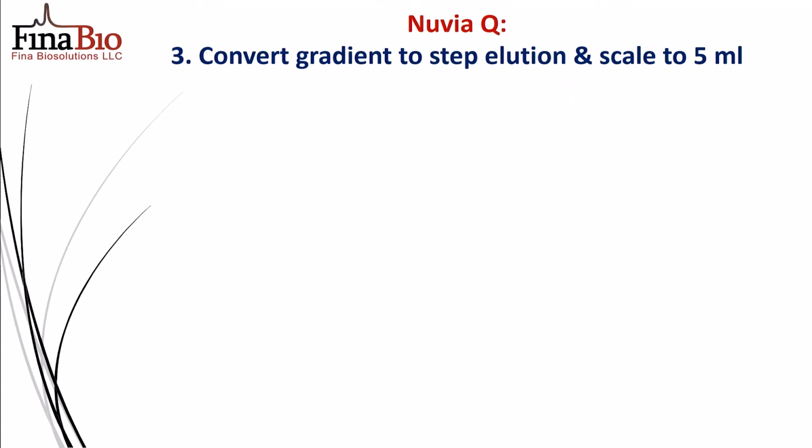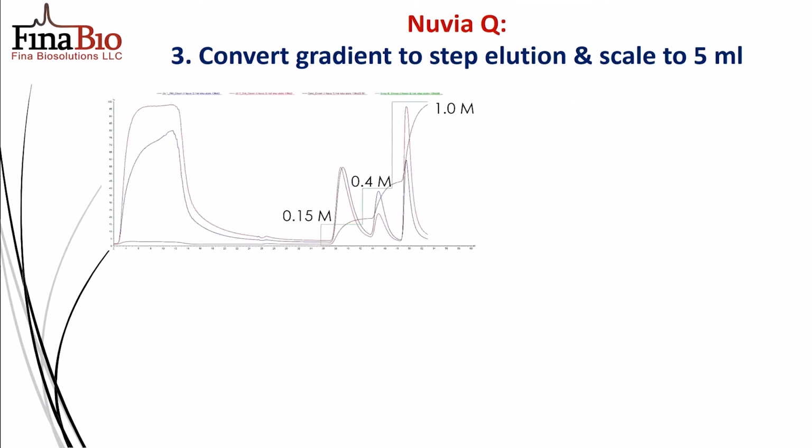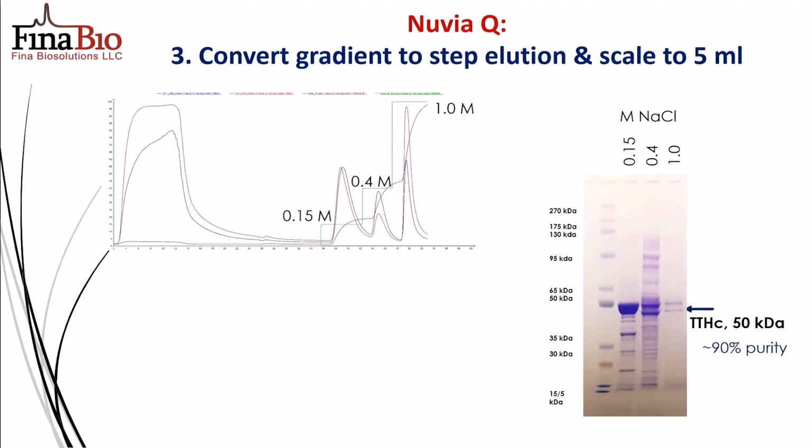We then converted this gradient to a step elution of 0.15 and 0.4 molar sodium chloride, this time also scaling up from the 1 ml to the 5 ml columns. And here you can see that at 0.15 molar elution, we achieved about 90% purity early in the gradient.